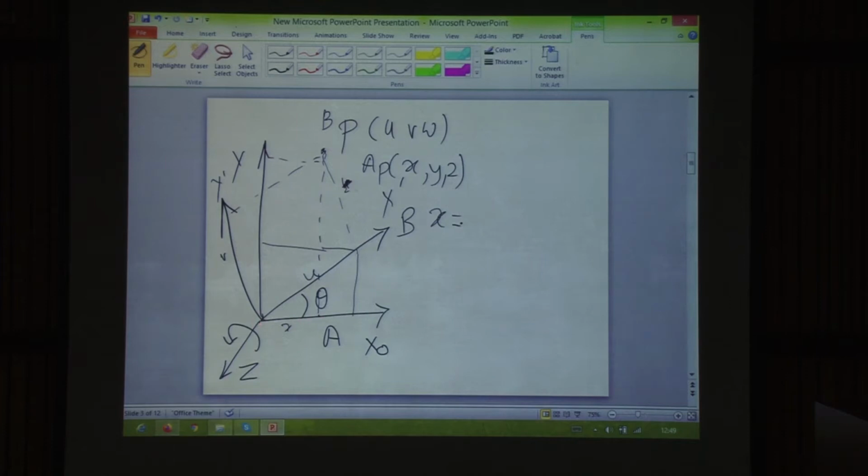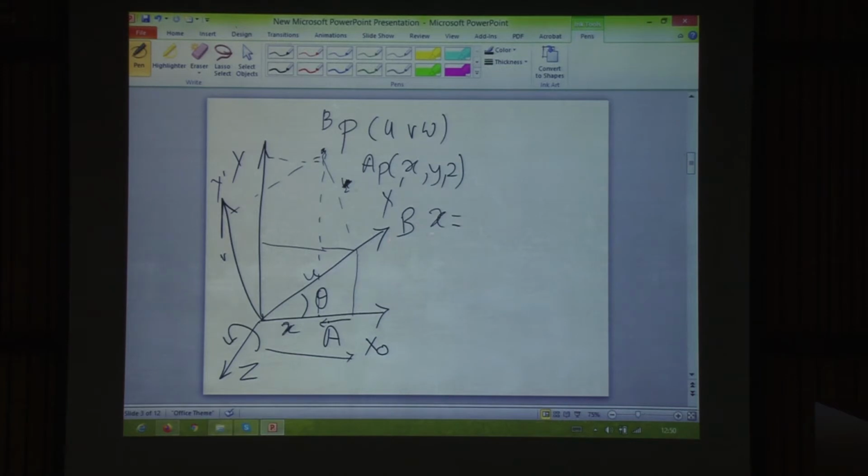Now, this is equal to how much? This is equal to this full length minus this length, right. So, if you look at it geometrically, x is equal to this full length from here to here minus this length here.